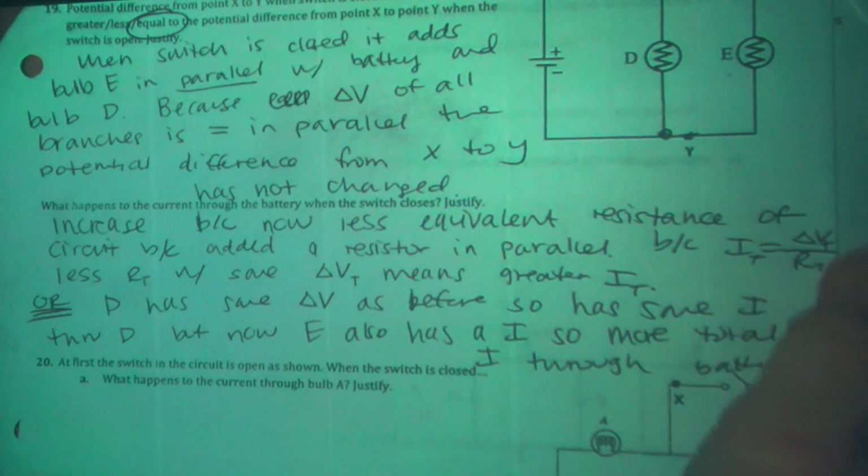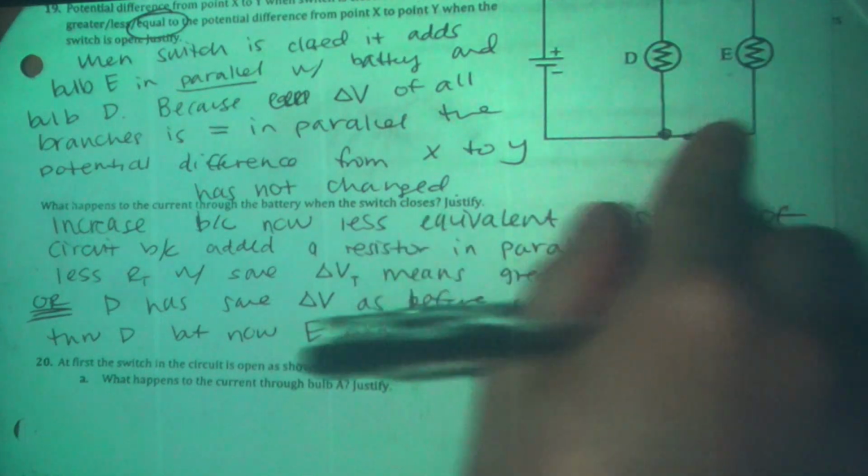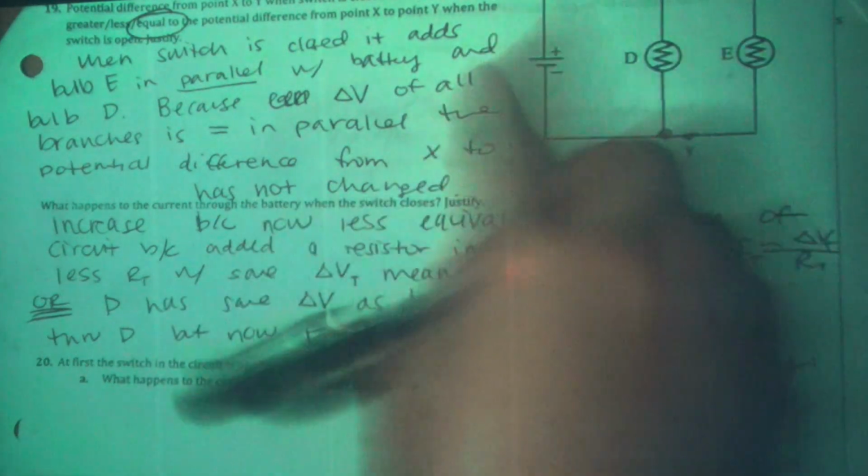If before I only had one current through D, but now I still have the exact same current and I also have a current through E, then I'm starting with more total current, more current through the battery.